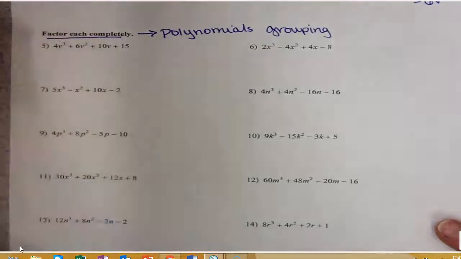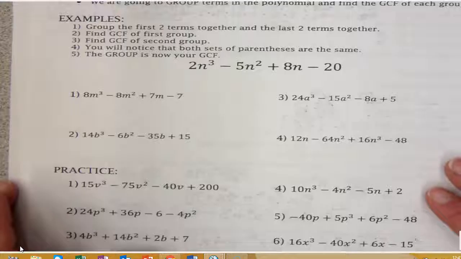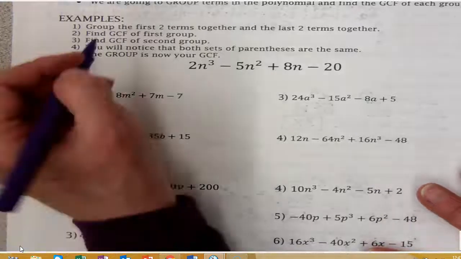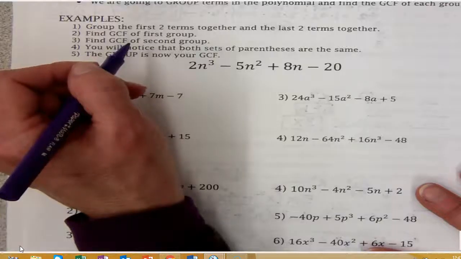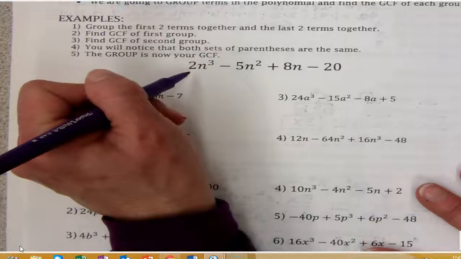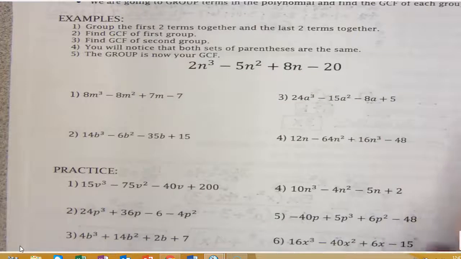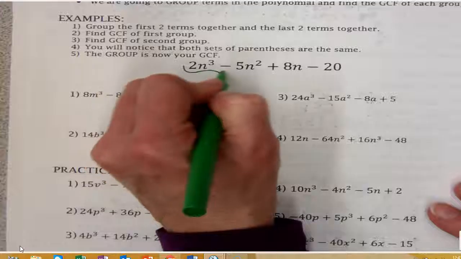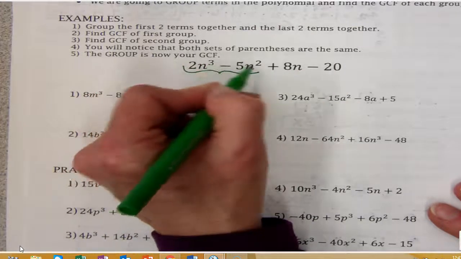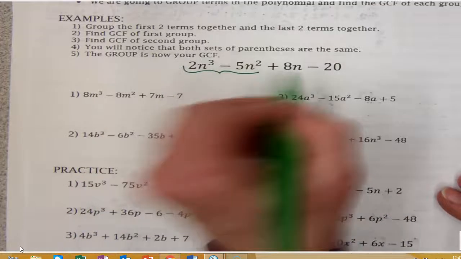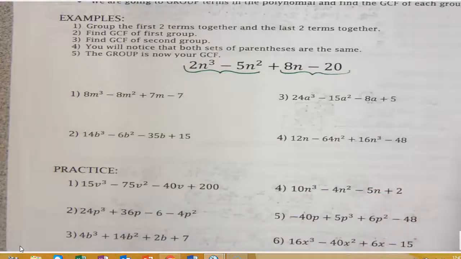So if we go back to the notes, when we did this, remember, here are our steps. After we factor out our greatest common factor, this one doesn't have a greatest common factor, but after we factor out the greatest common factor, we're going to group them. We're going to group the first 2 terms together. We look at the variables, make sure that they're in descending order. The first 2 terms factor together, the second 2 terms factor together.